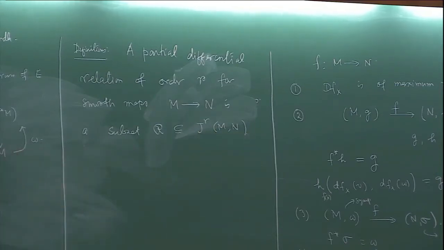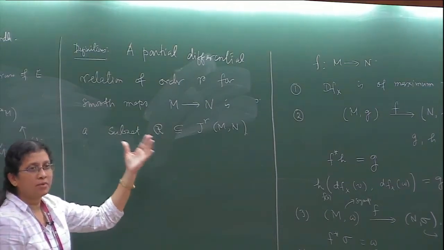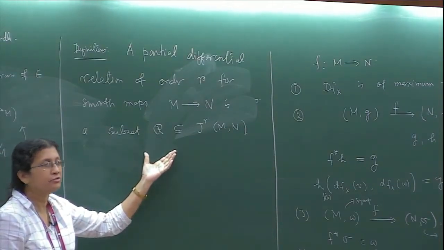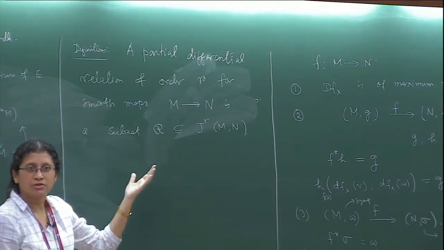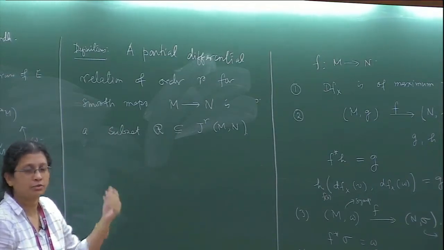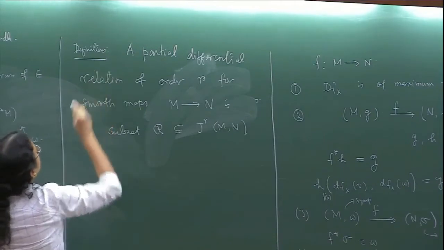So this is what we mean by a partial differential relation. As soon as I say something is a partial differential relation, I need to define what its formal solution is and what its actual solution is. So this is the first definition.